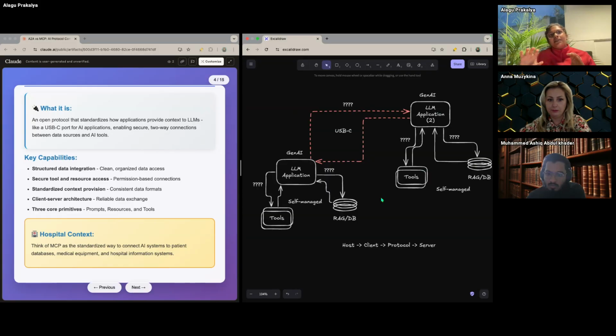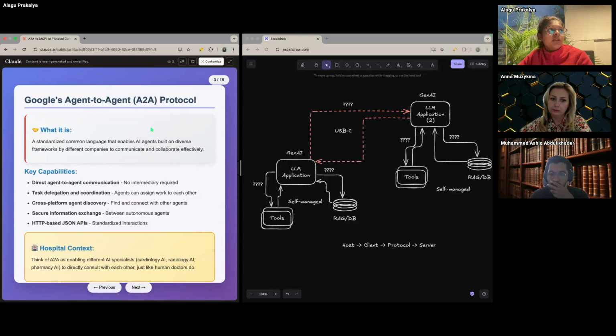Now, how do we establish communication between these agents? That's when the A2A protocol comes into the picture, the agent-to-agent protocol established by Google itself. Earlier, we needed to pass in the entire context of the agent, what the agent does, and how it communicates. All that overhead is simplified with the agent-to-agent protocol, right?